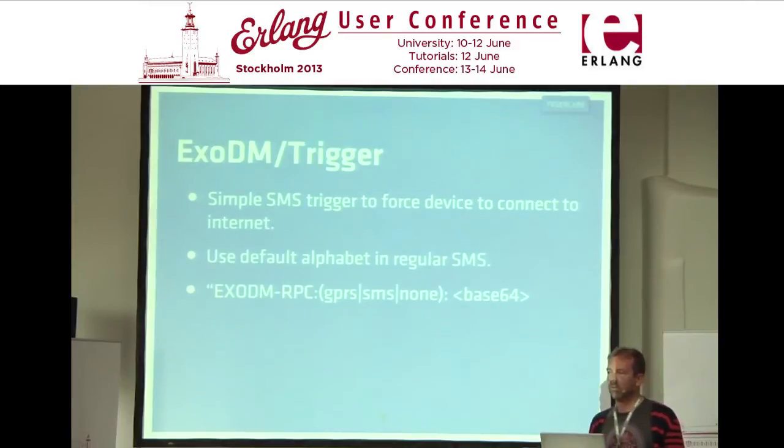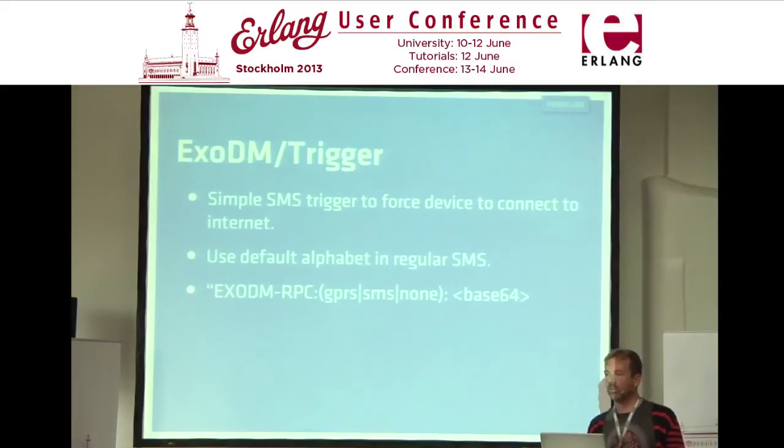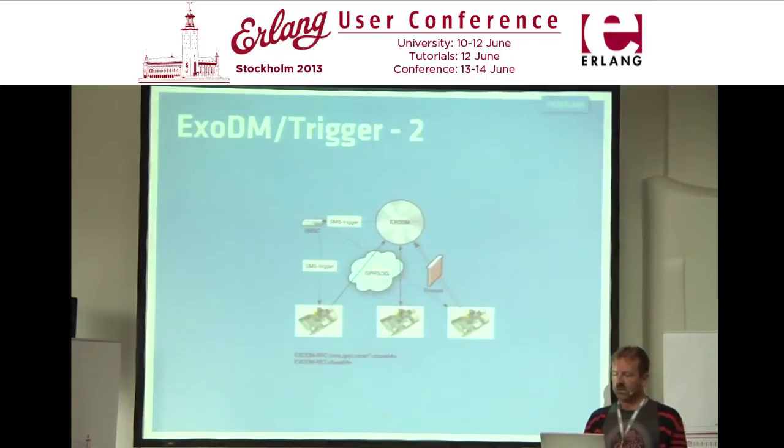The ExoDM server will send this text message saying ExoDM RPC, and then the required reply mechanism: if you want to reply through SMS, or nothing at all, or GPRS, or in some preferred order. And then you have a base64 encoded Erlang binary message. That's a BERT RPC call. And it looks something like this.